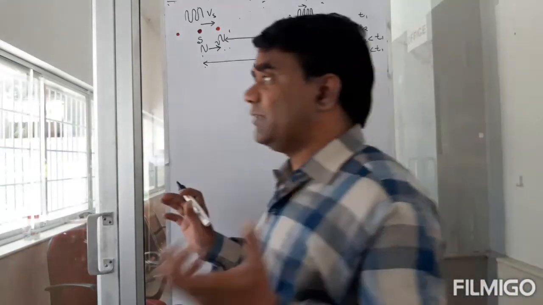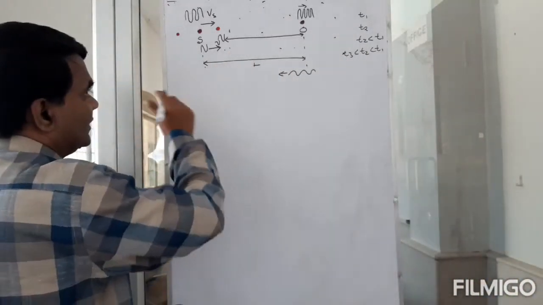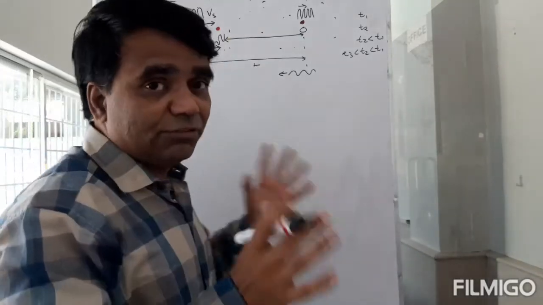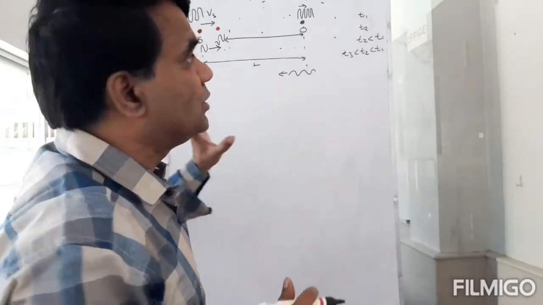Okay. So the frequency is given by this expression. I am not going to derive the expression now, but I just wanted to give you a quick overview of what the Doppler effect is.